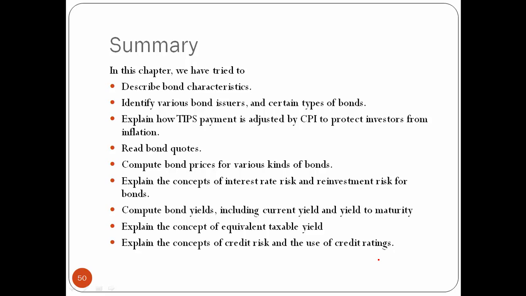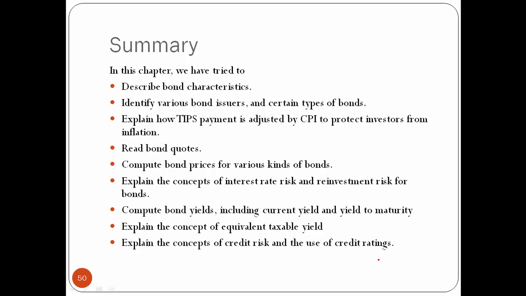Treasury bonds and corporate bonds are quoted differently. So when we see a number in the quotes, we should be able to translate that into a dollar value for the bond price. Then we try to look at how to calculate bond price for different kinds of bonds.